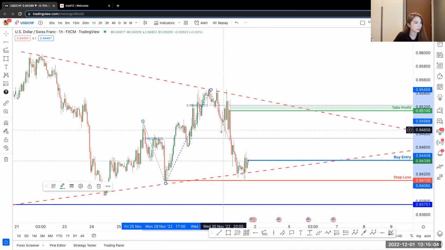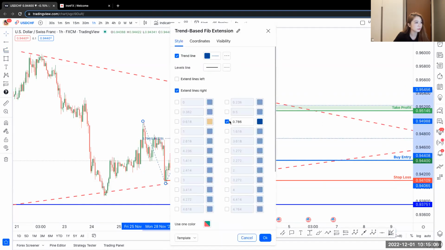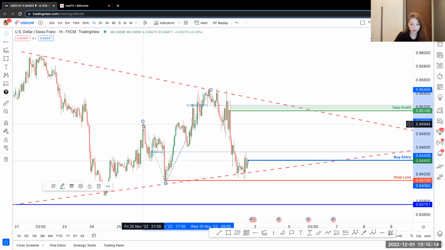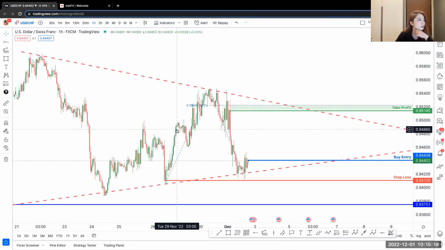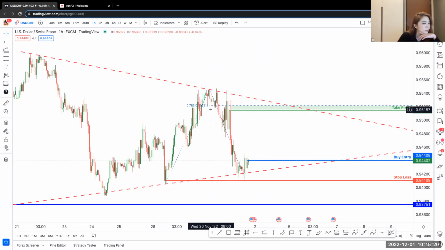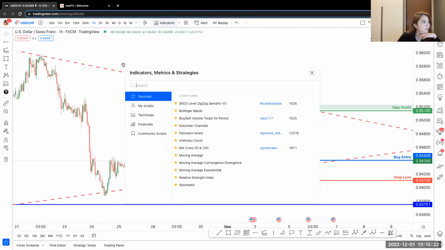This is the correct one. Yeah. 100, 127, 161. Doesn't seem to be a very good amount. We'll leave Fibonacci out for this one.